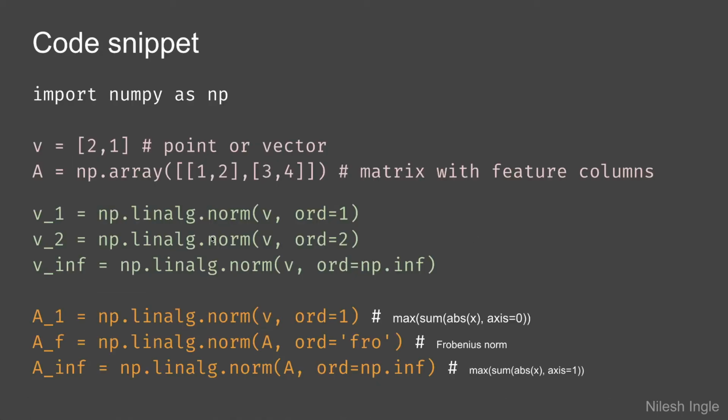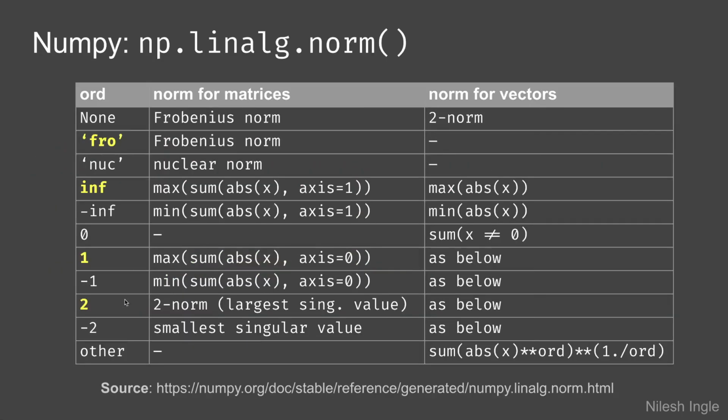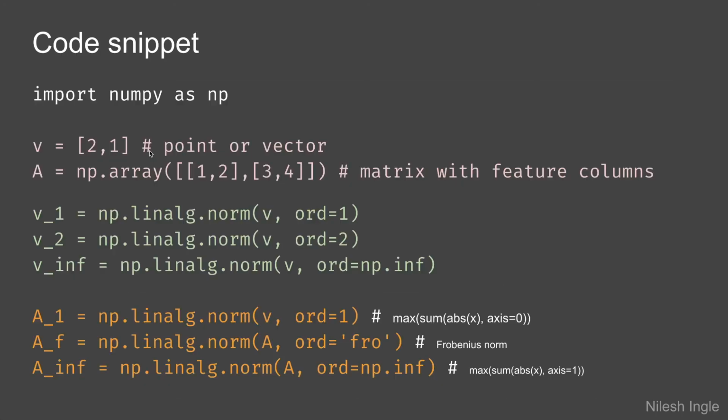Now for the implementation in Python, the implementation is like this. We need to import the NumPy library and then have either a point or a vector or an array. If it's a point or vector, we simply input it to np.linalg.norm, and here v would be the input, and we can specify the order 1, 2, or np.inf, and there are others also that we can specify in this ord option.